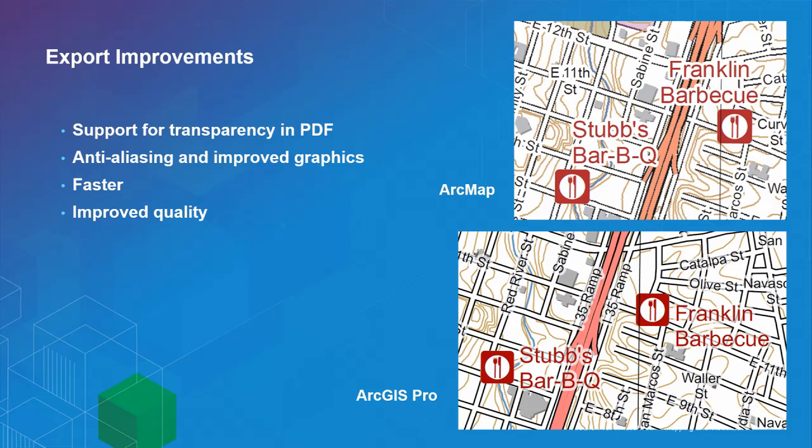Some of the export improvements. We've made a lot of improvements to export, and Edie mentioned transparency and being able to set transparency on any color. This is a good example. If you look at the map at the top, this is a map from ArcMap, and if you look at the text halos, these are just regular raster halos, the halos you get from a halo on a font symbol or a text symbol.